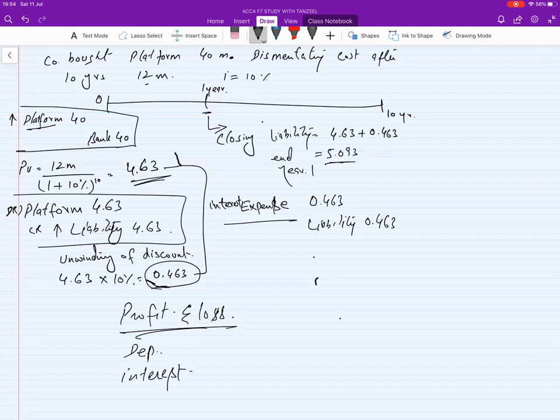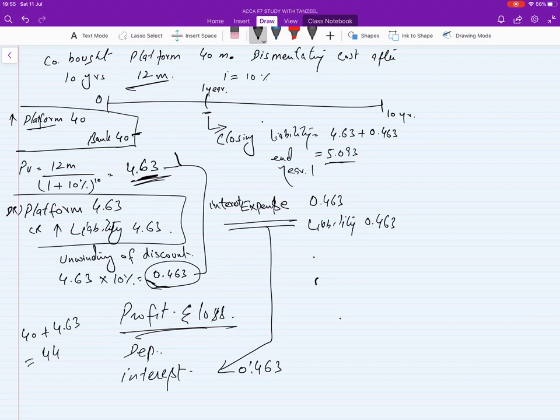Interest expense is 0.463, and depreciation, how will we calculate it? 40 million and the present value of this dismantling cost, 4.63.